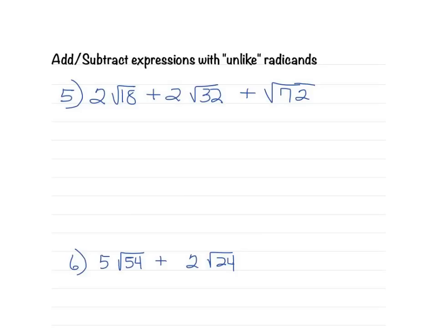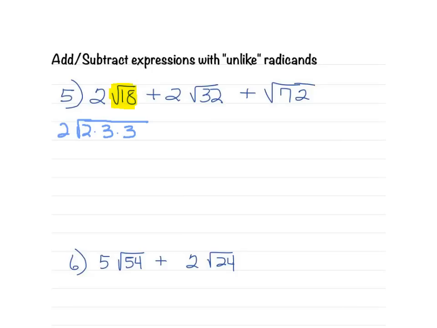Let's start with 2 radical 18. We're going to simplify radical 18. So radical 18 is radical 2 times 3 times 3. And so there we have 2 radical 9, which, I'm sorry, let me break down the 2.